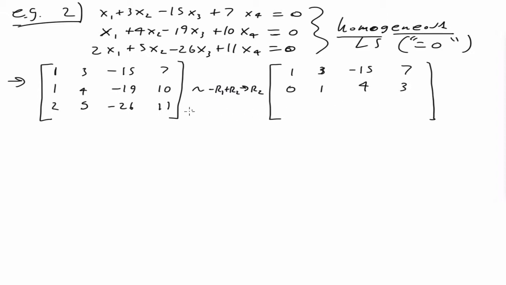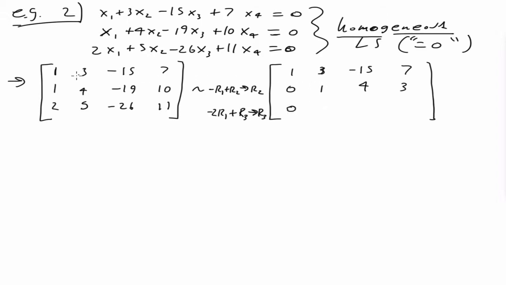Okay, that's good. Now, what am I going to do here? I'm going to take a minus row 1. Actually, no. I'm going to take minus 2 row 1 plus row 3, and that's going to be my new row 3, and that will deliver me a 0 in that lower part of that column.